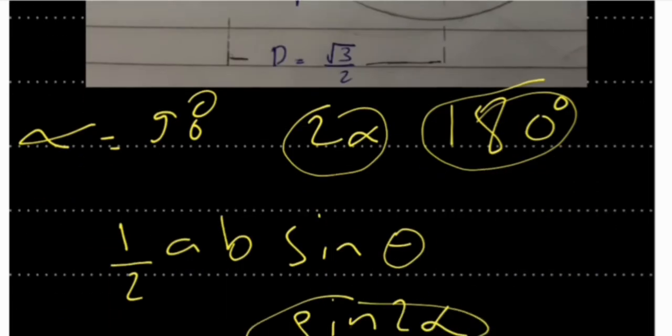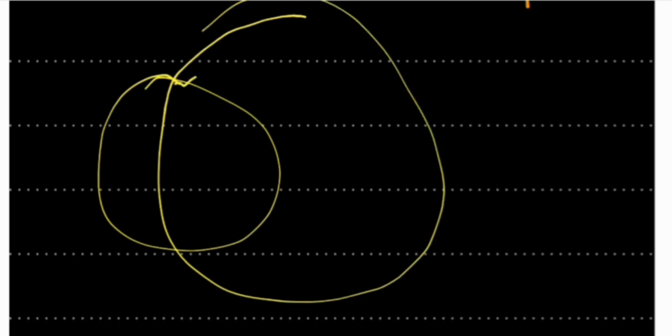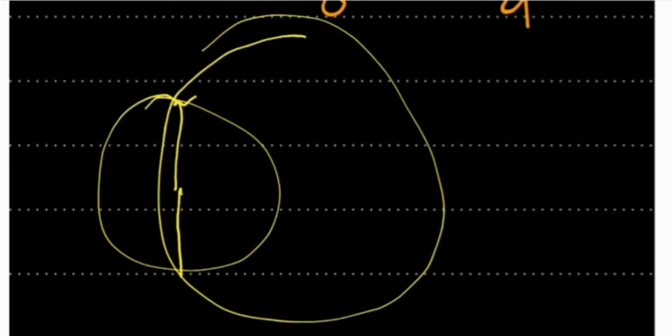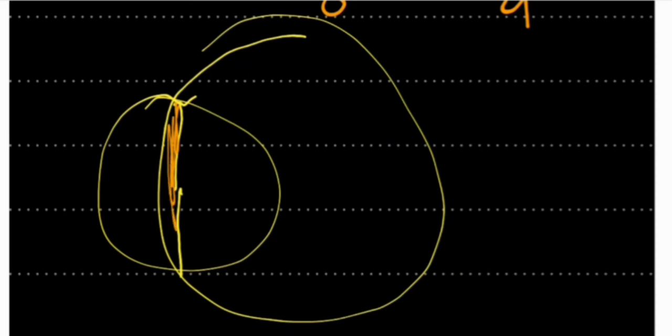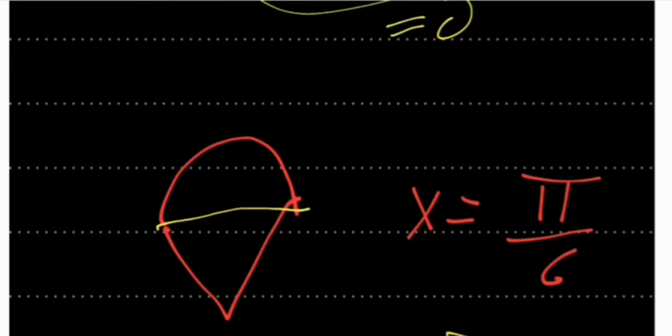What does this mean? That this triangle has an area 0? Well, yes, because the actual drawing is something like this. It is cutting like this. This part over here is the part that we just found in the drawing.